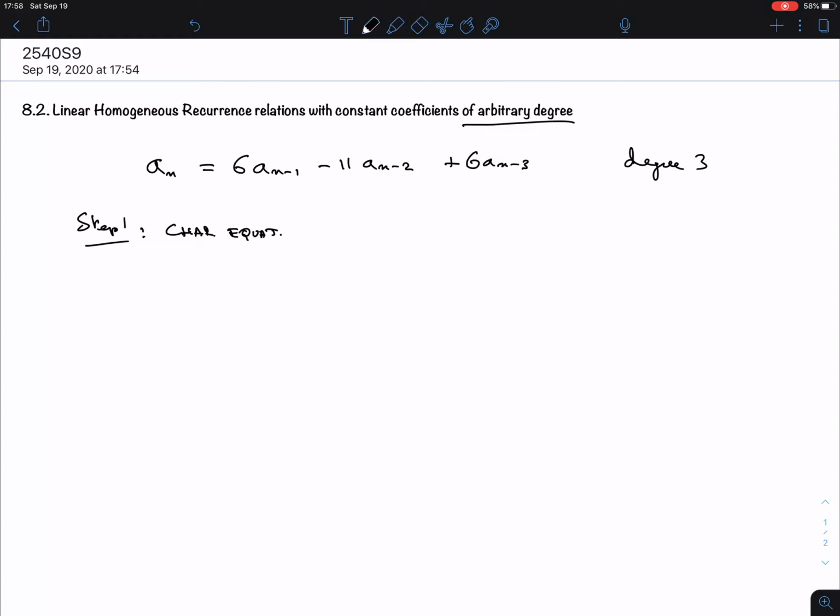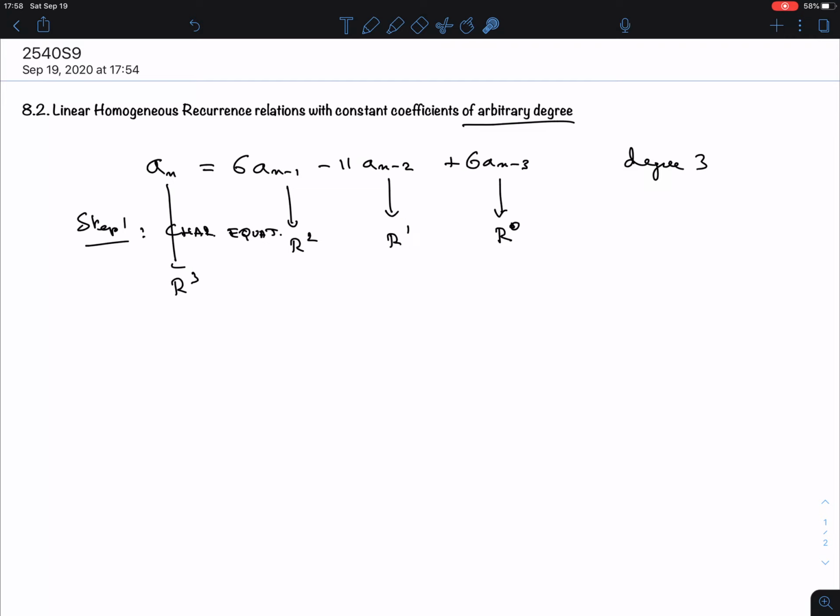We start from the bottom. We replace a_{n-3} by r to the power 0, which of course is just 1. This by r to the power 1. This by r squared, and therefore this by r cubed. You might get a little confused by these numbers: this 2 here, but there's 1 and there's 1 here.